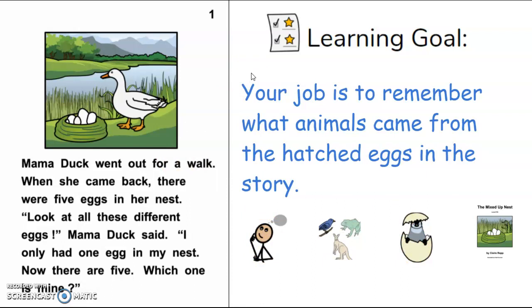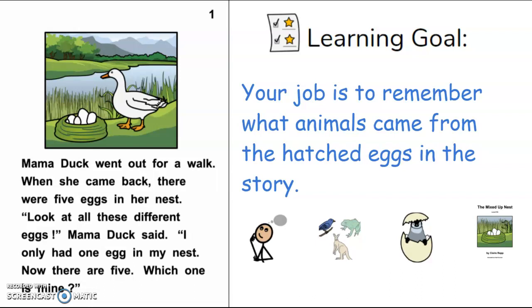Mama Duck went out for a walk. When she came back, there were 5 eggs in her nest. 1, 2, 3, 4, 5. "Look at all these different eggs," Mama Duck said. "I only had 1 egg in my nest.